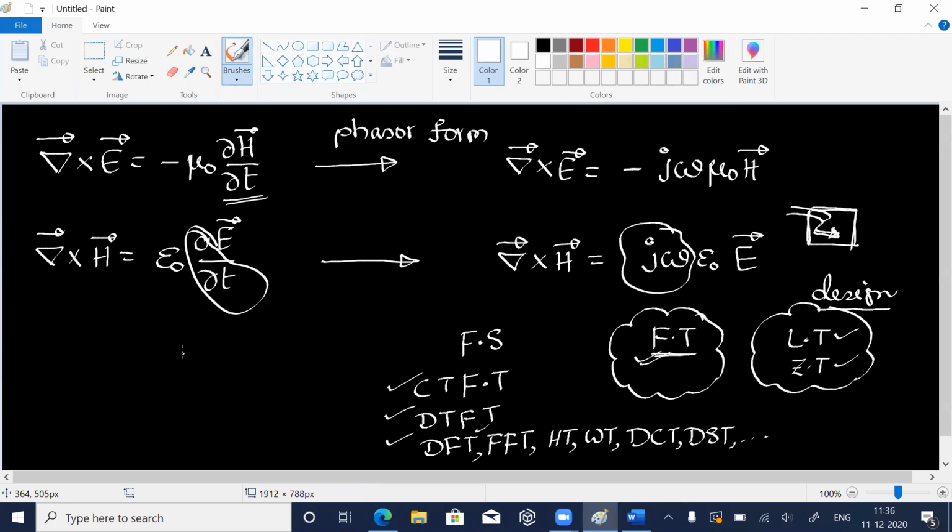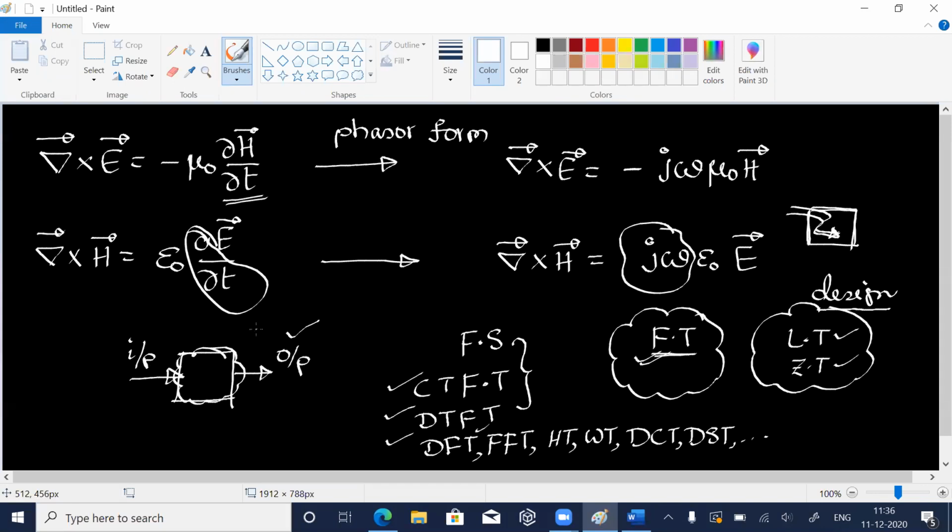One thing is true: you can design a system only if the output is known for a given input. Yes or not? If I know the output for a given input, then based on this estimation, I can design. So to do all this, I require Fourier techniques.